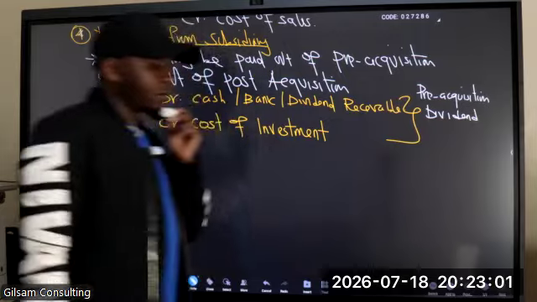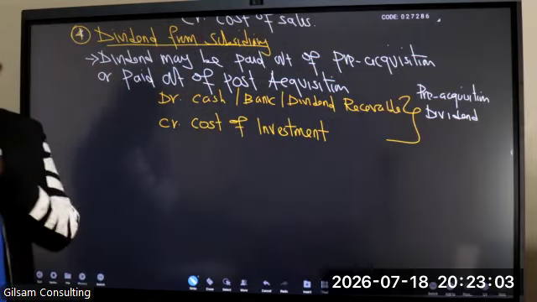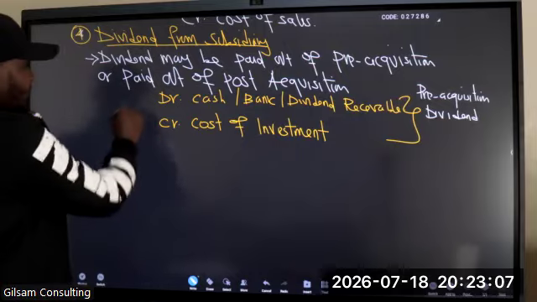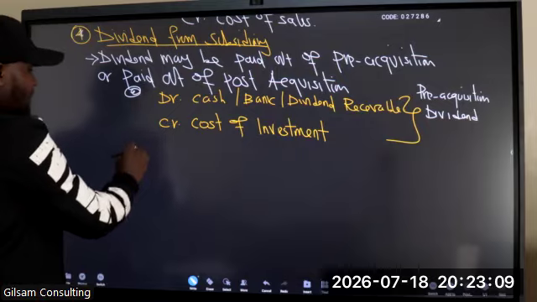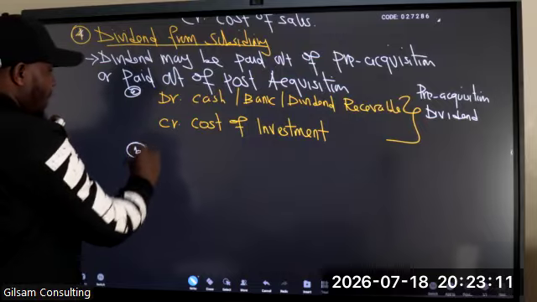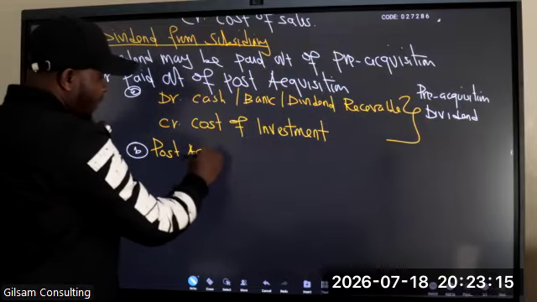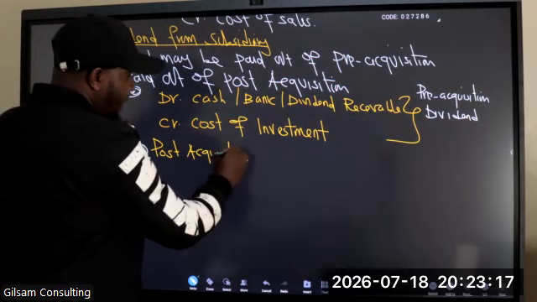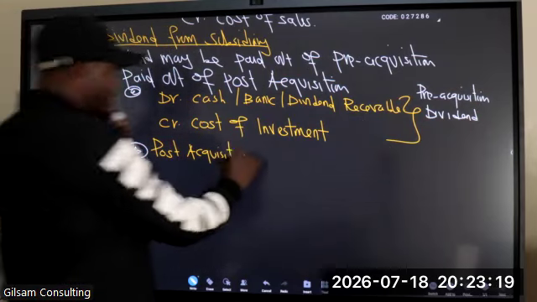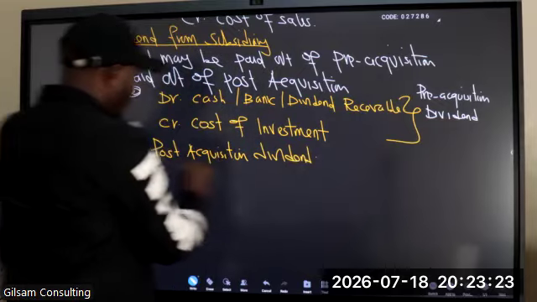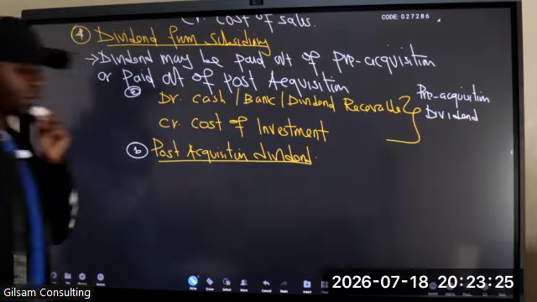What about the post-acquisition dividend? That was A. B is post-acquisition dividend. If you receive a dividend after acquiring this company, what will be the journal?